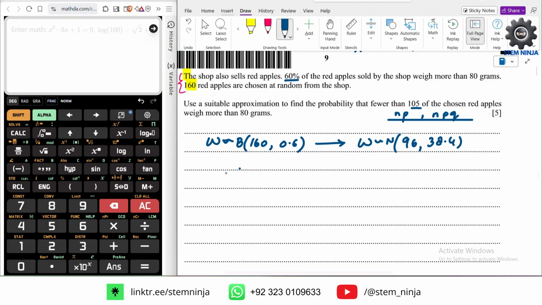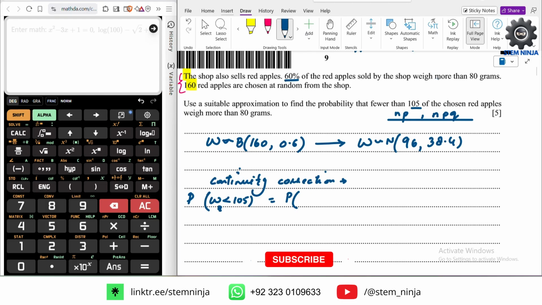So remember, it's not just the np and the npq that we need to remember. We also need to do the continuity correction, because we have just went from discrete variable to continuous variable, right? So we need to convert 105. So because you have weight 105, it needs to be converted. First it was binomial. Now we're approximating it as a continuous variable. So this would become, see, always remember it's less than 105.